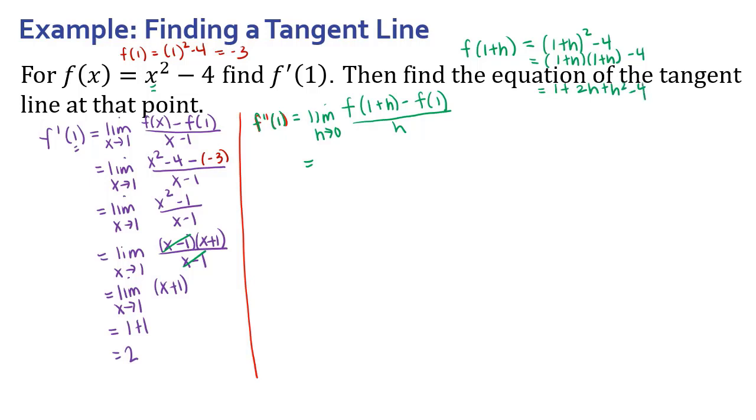All right, so now let's plug all of that in. The limit as h approaches 0, so again I just found that f of 1 plus h is this, so that's what I'm going to substitute in.